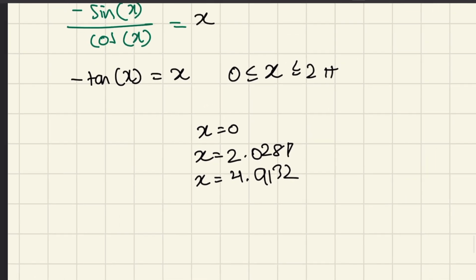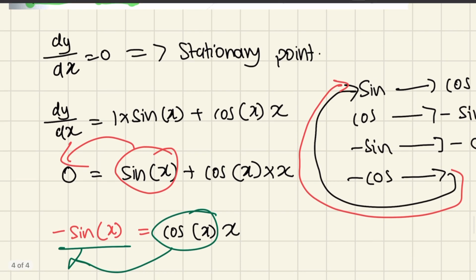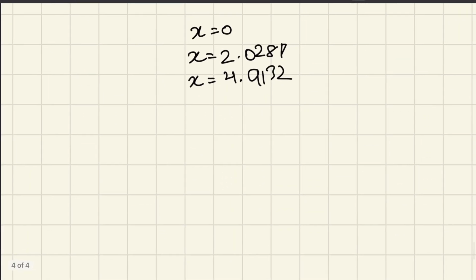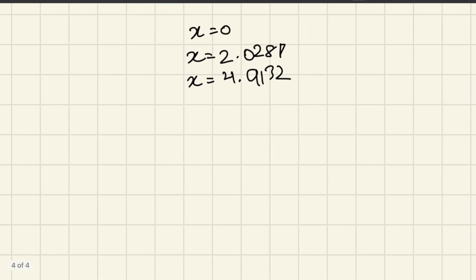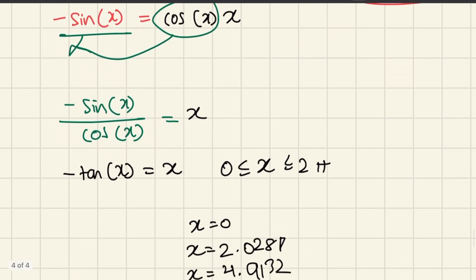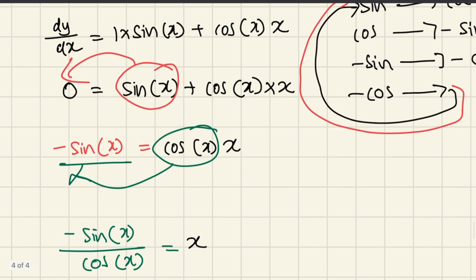I didn't have that. Now what we want to do is that we have all the stationary points, and we want to verify them. A part of the question was to identify the nature of the stationary points. Now the way we do this is by finding the second derivative. So y double dash of x is equal to, and now we just want to differentiate this expression.